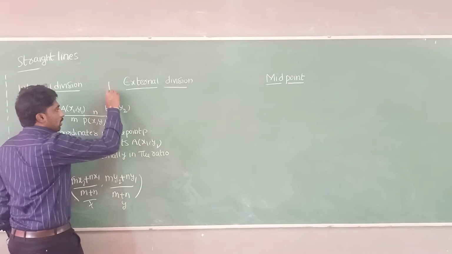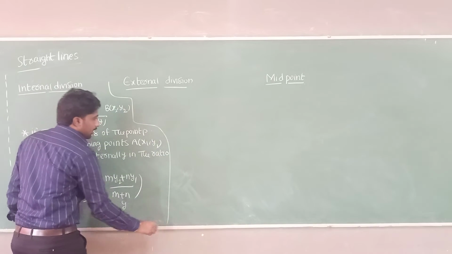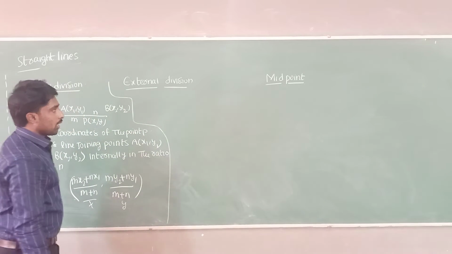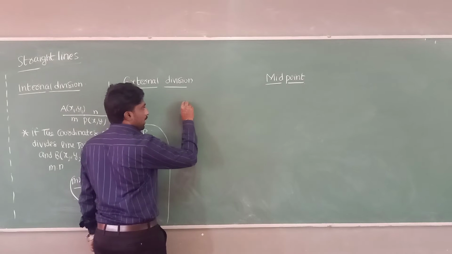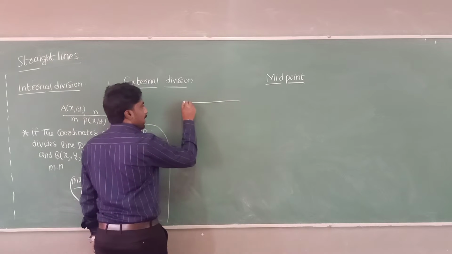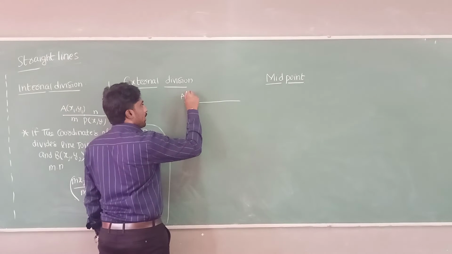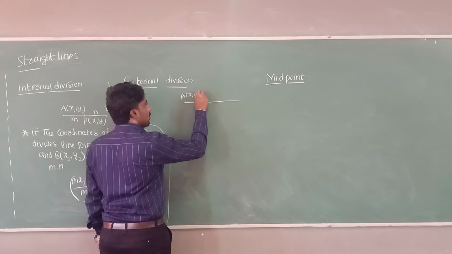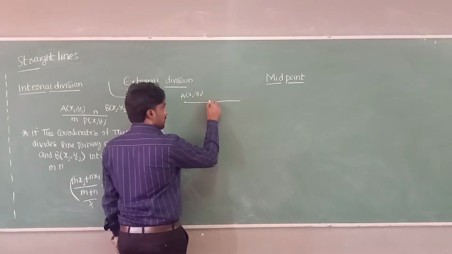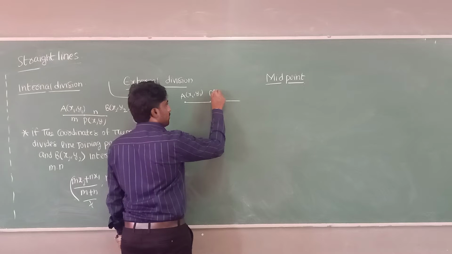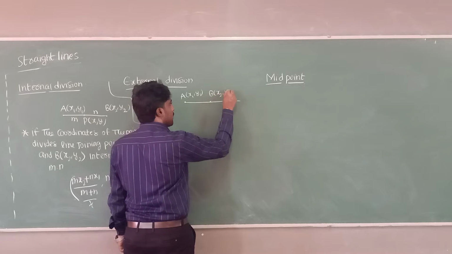Now here you will get a doubt. What is the external division? I will represent it diagrammatically. This is the line. This is the point A, x1 comma y1. This is the point B, x2 comma y2.